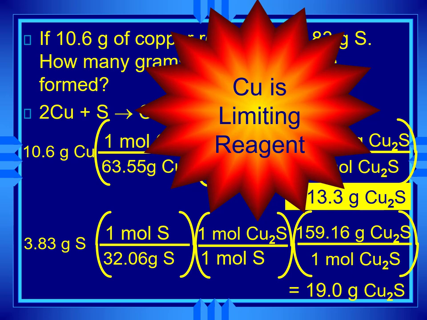And I started off with 10.6 grams of copper. So if I just subtract those, 13.3 grams of copper 1 sulfide minus 10.6 grams of copper, that leaves me with 2.7 grams of sulfur that I used.